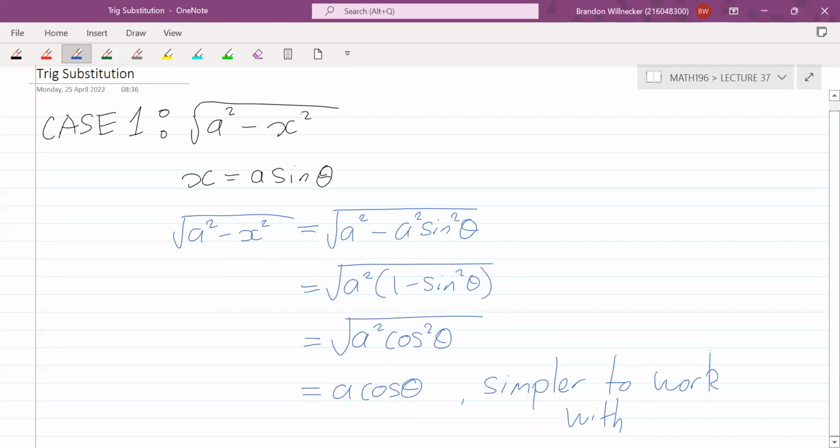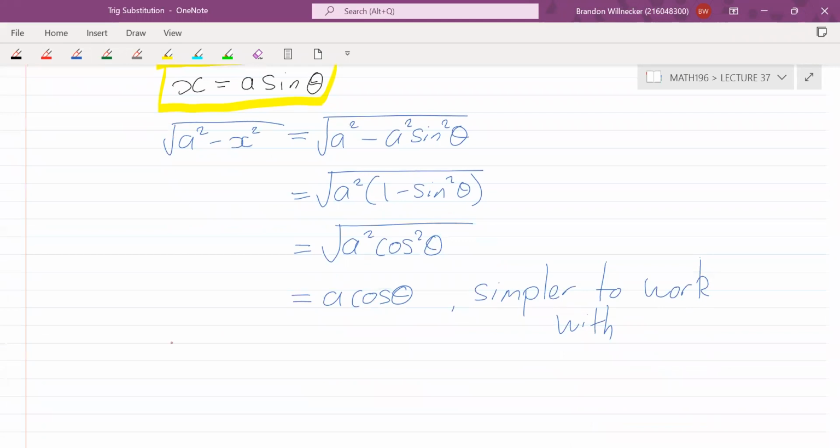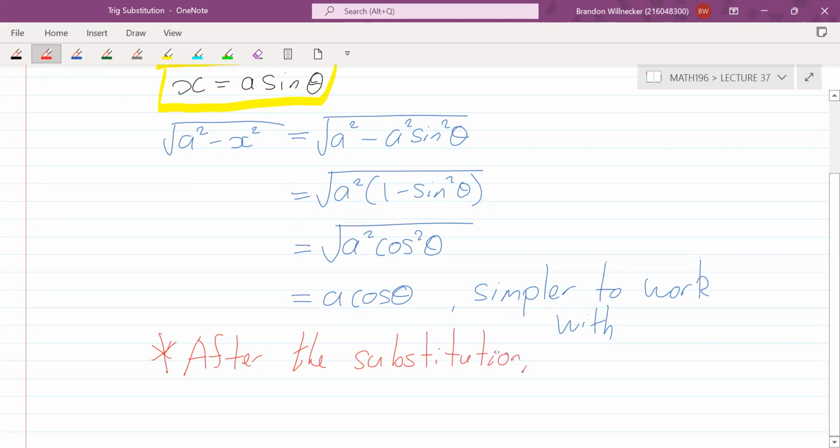Whenever you have something like a squared minus x squared, you need to make this substitution to make the integral easier. Now, notice after making the substitution, the resulting integral will be a trig integral, like the ones that we covered last time. So it's important to go over that. After the substitution, the integral will become a trig integral like we had before.